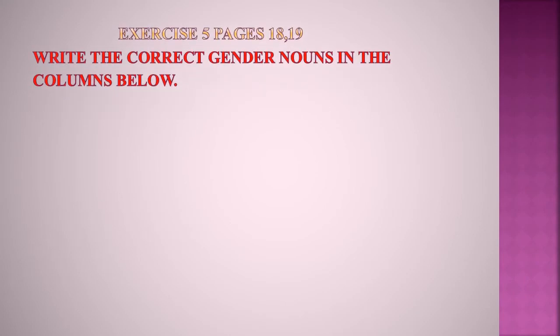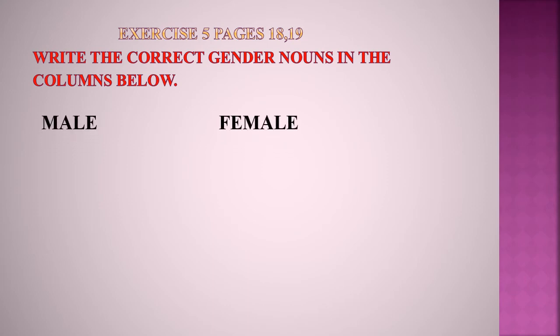Okay students, let's solve exercise 5 in your book, pages 18-19. Open your Grammar and Usage, take your pencils, sharpen them and write very neatly in the blanks. You have to write the correct gender noun.